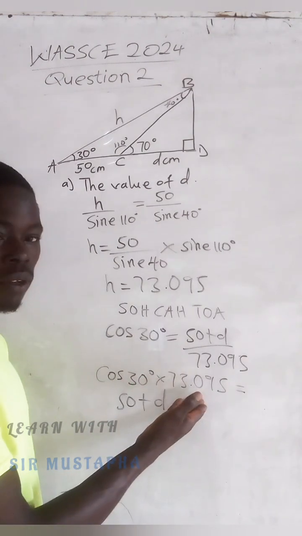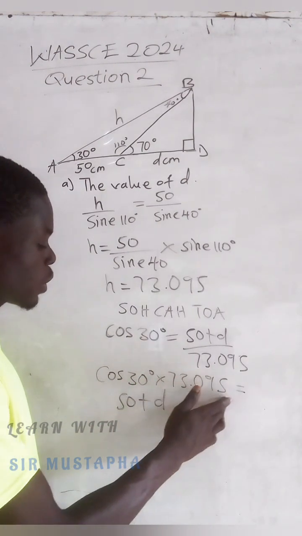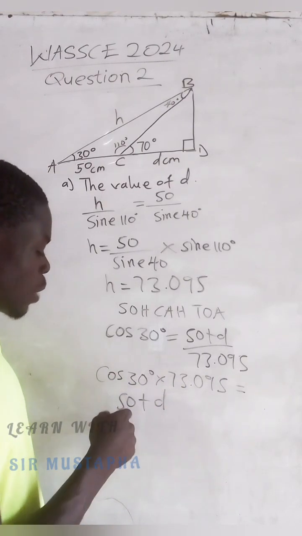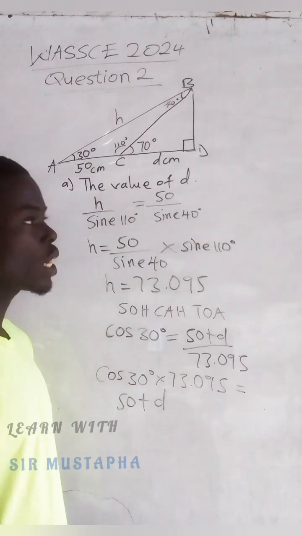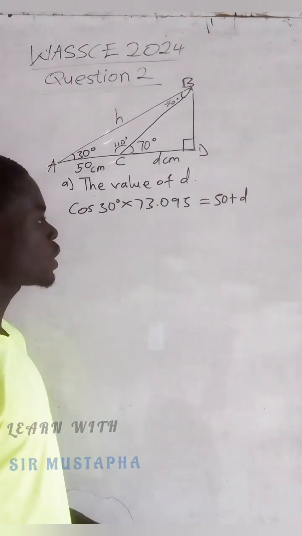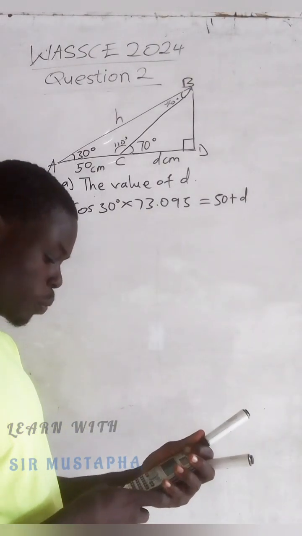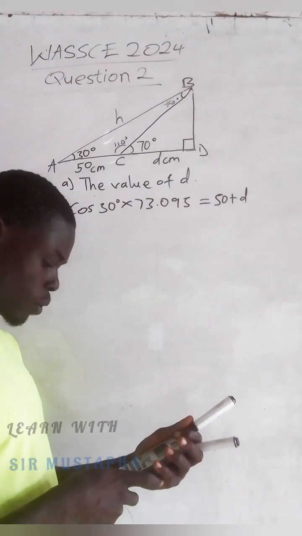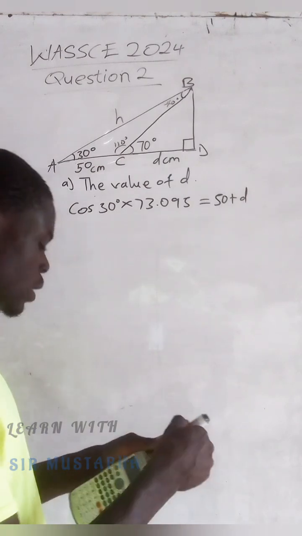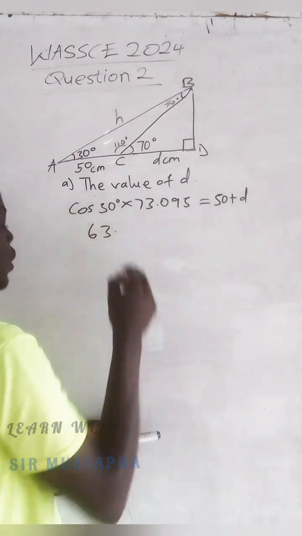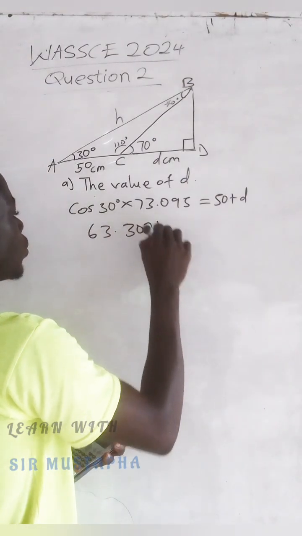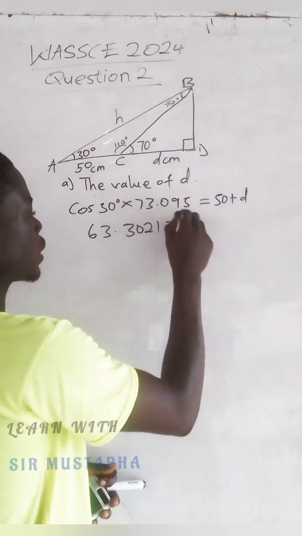We first multiply 73.095 by cos 30, and then we let the 50 come and subtract it from the result we get. Our board is full, so let me clean it. So we multiply cos 30 by 73.095. You have to punch it on the calculator: cos 30 multiplying 73.095. You will get 63.3021, and this is equal to 50 plus D.